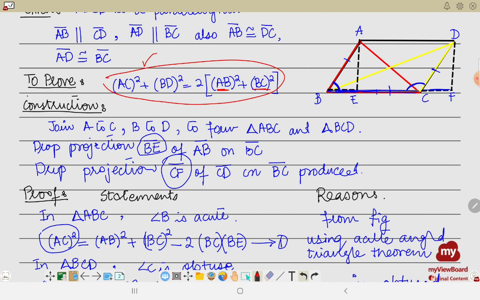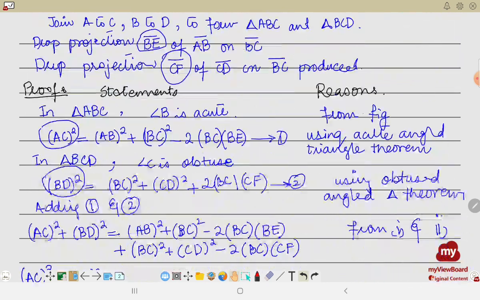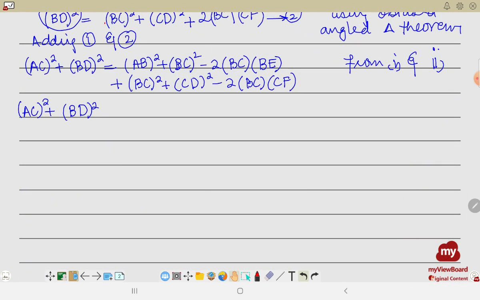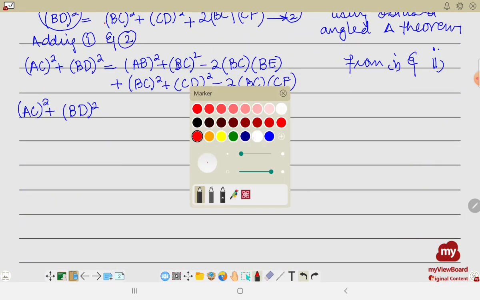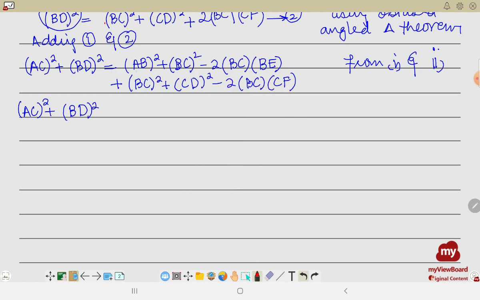So we convert all the remaining lengths into these two, AB and BC, right? So now we are going to change it. So if you see, instead of AB, you can say CD, right? These two are opposite and equal. So instead of CD, we can write AB, right?